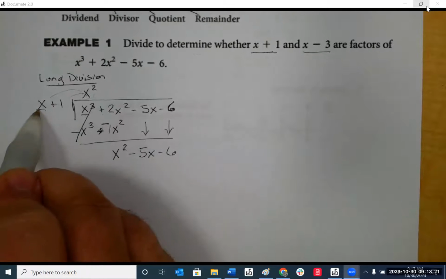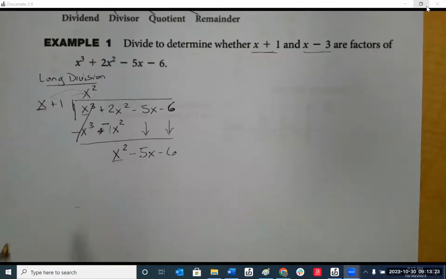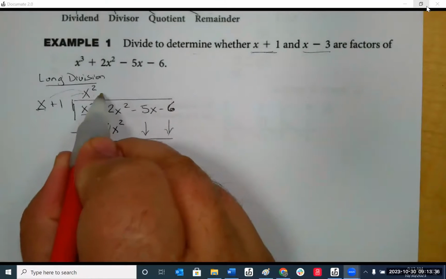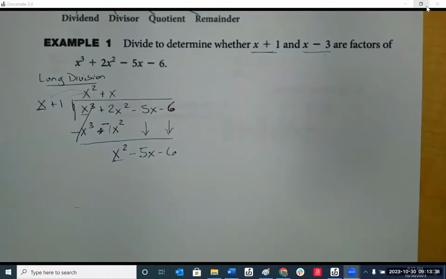Repeat the process. What times x gives me x squared? What kind of x? Positive or negative? Has to be, because x squared is positive, it's got to be a positive x. The signs are important.